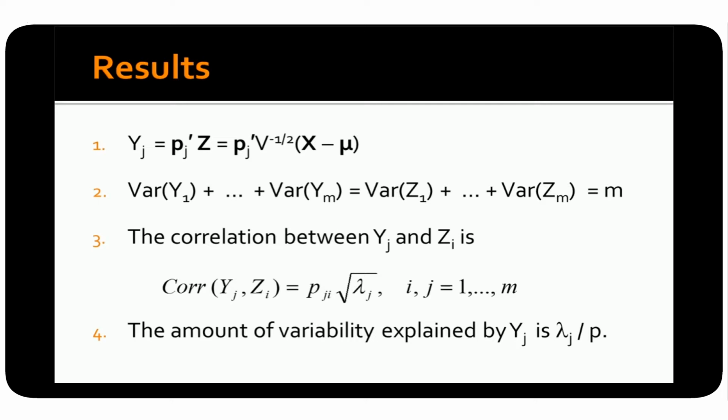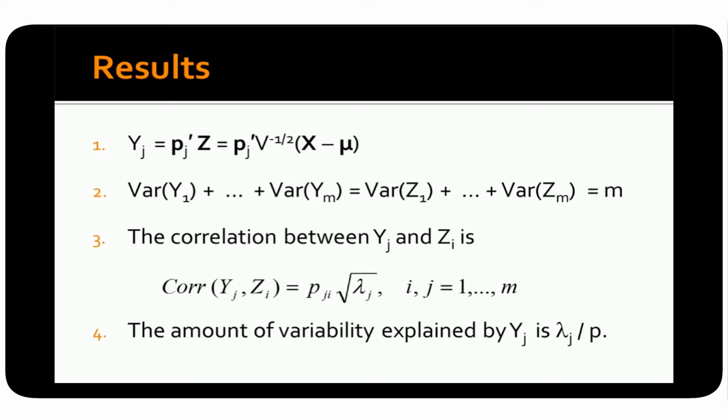So, we have the sum of the variance equal to m, and also the correlation between the ith standardized variable and the jth principal component would be given by pji square root of lambda j. That is exactly what we got before, except that we were dividing this by the sigma i's, but in this case it is standardized.